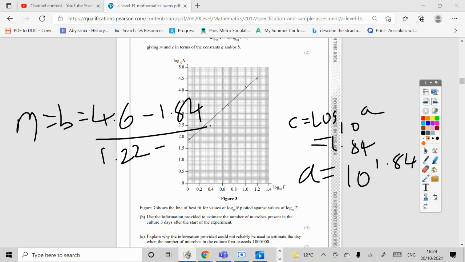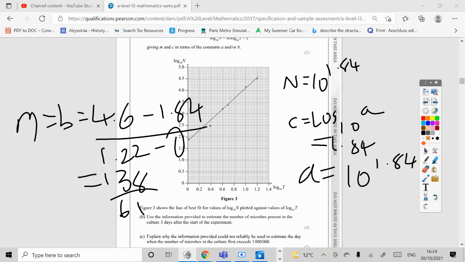And obviously that one's at the origin, so let's take 0. Calculator. Get 138 over 61. So n is equal to 10 to the power of 1.84 multiplied by t to the power of 138 over 61. I don't want to convert that to a decimal because decimals are horrible.